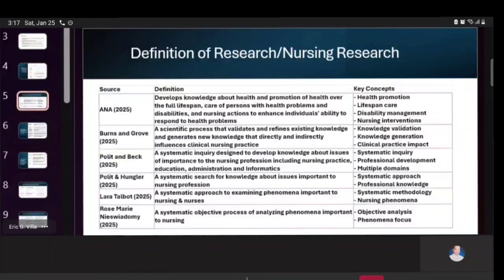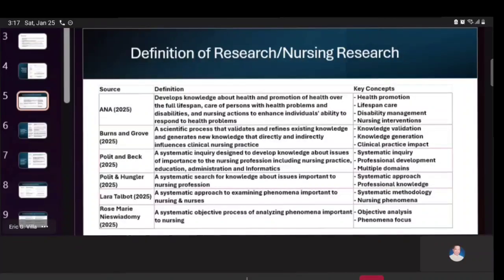Another refined definition focuses on professional nurses. It introduces the concept of phenomena important to nursing, while another adds the element of objectivity to this approach. And this shows how the field has moved toward more precise and scientifically rigorous methodology.